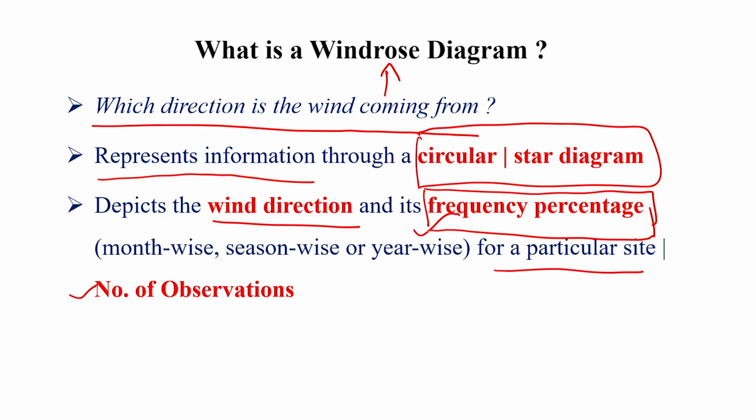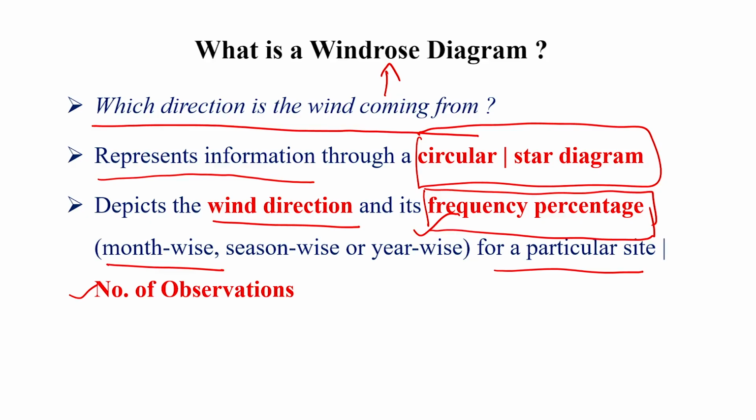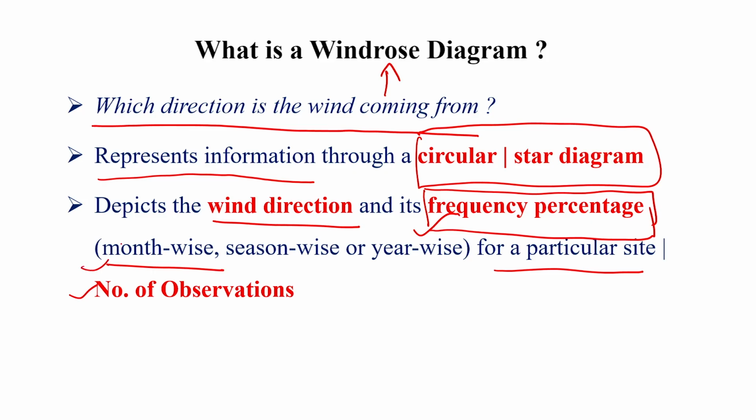And one more important thing is that a Windrose diagram can be created on a month basis. If you have a weather station, and you are collecting data at a particular frequency, let us say for every 1 day or for every 12 hours, in 30 days you will get 30 different readings. When you accumulate that or average that and create a diagram, it becomes a month wise Windrose diagram.